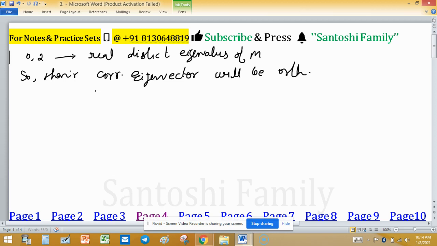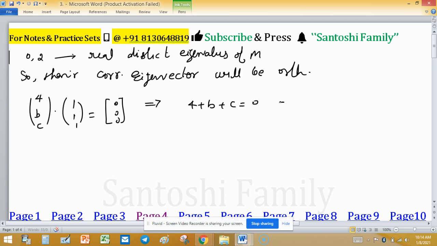The dot product, or inner product, of (4, b, c) with (1, 1, 1) is equal to 0. This implies 4 plus b plus c equals 0, so b plus c equals minus 4.